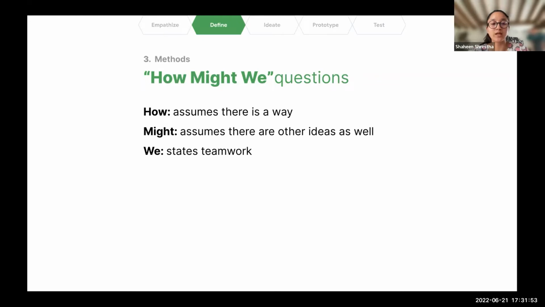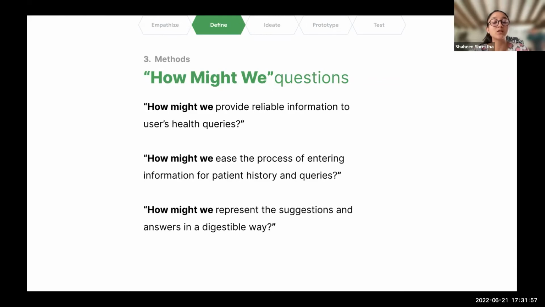So that is why this how might we question is again a way to state problems. Now these are just examples: how might we provide reliable information for users' health queries, how might we ease the process of entering information for patient history and queries, and how might we present the suggestions and answers in a digestible way.